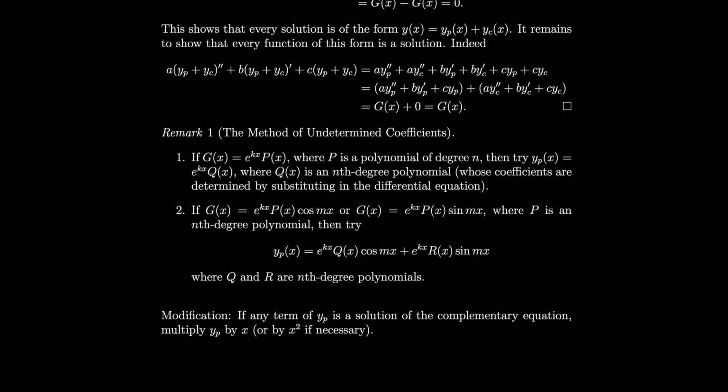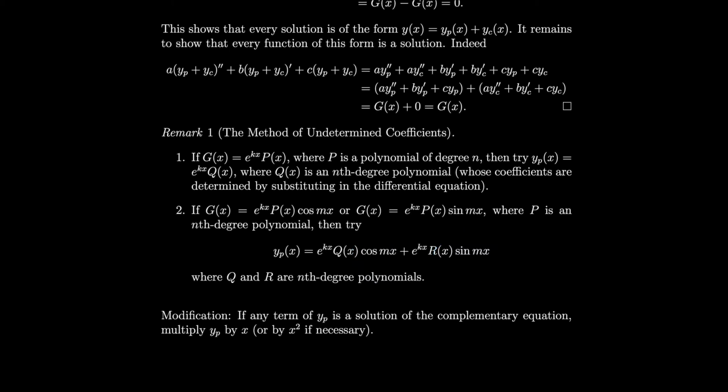So if it equals a polynomial of degree n, then we'll make it another polynomial of the same degree, but just a more general version with arbitrary coefficients. If it equals a trig function, then we'll have it equal a sum of two different trig functions, cosine and sine, to make it even more general.